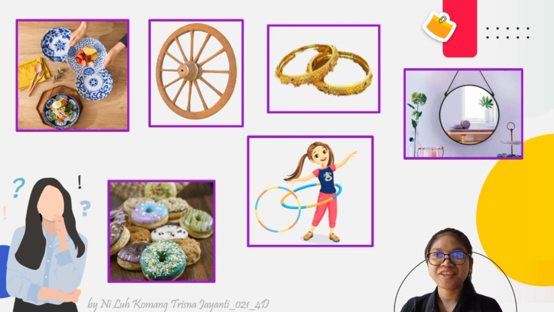These 6 pictures include plate, wheel, bracelets, mirror, hula hoops, and donuts are some of the objects that we often find in our daily lives. And all of these objects have a shape that is a circle. Of course, there are many more circular objects in our life.